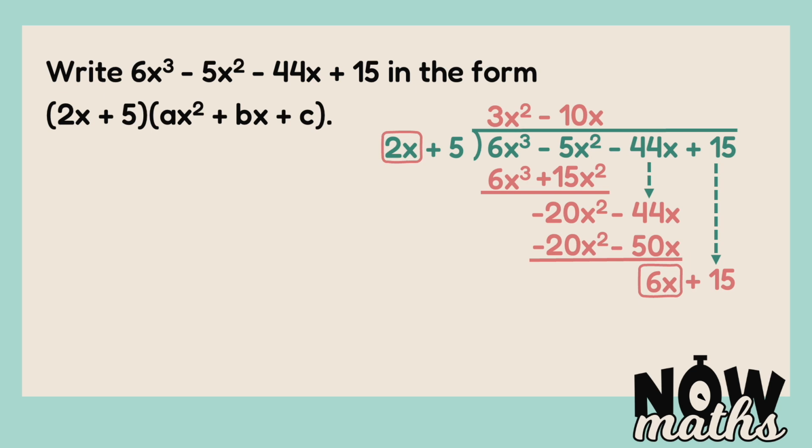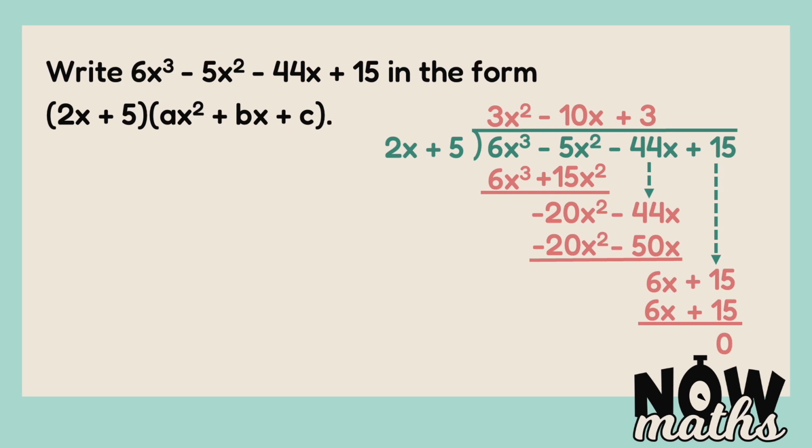For our final division, we divide 6x by 2x, which gives us 3, and then we multiply 3 by 2x add 5, and 3 multiplied by 2x is 6x, and 3 multiplied by 5 is 15. We then subtract to work out the final remainder, and we can see that 6x subtract 6x is 0, 15 subtract 15 is 0, so our final remainder is 0.